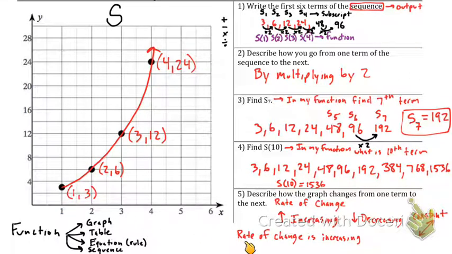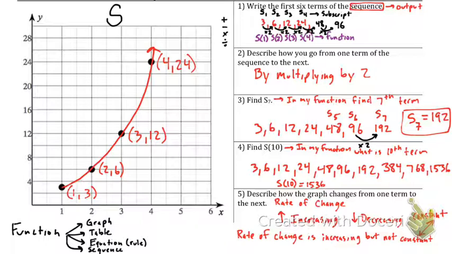So I would put a rate of change as increasing, but not constant. Because I have a curve. Okay?